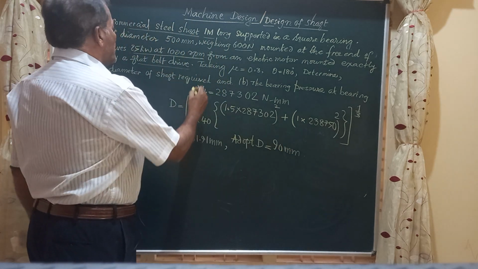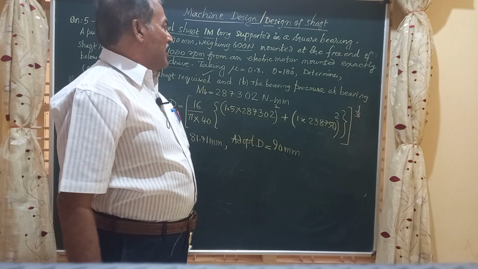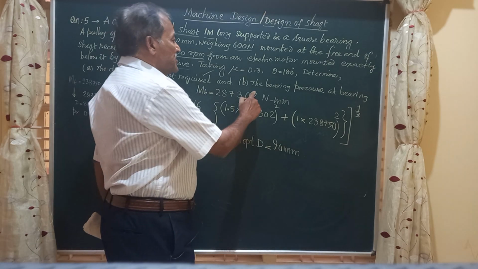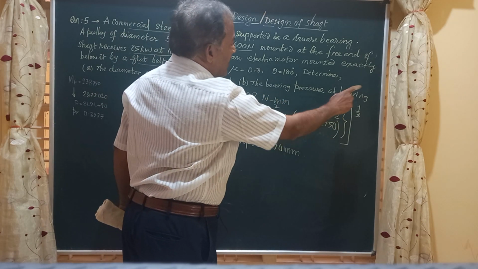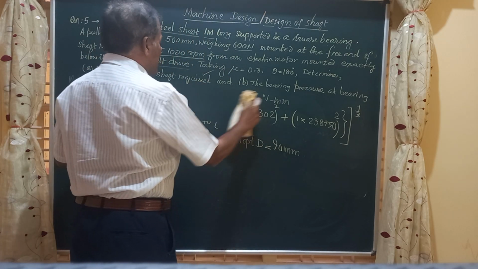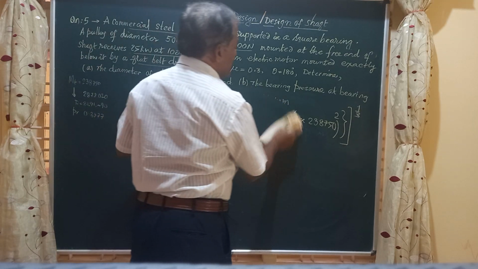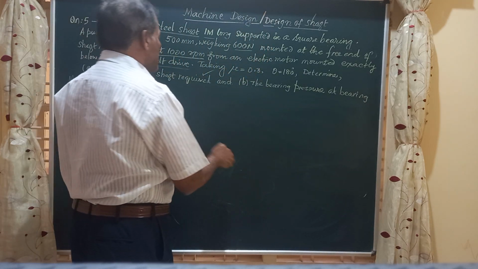Friends, we are able to find out the diameter of the shaft required. And the second part of the question is asking us to find out the bearing pressure at the bearing. So bearing pressure can be found out using the formula.